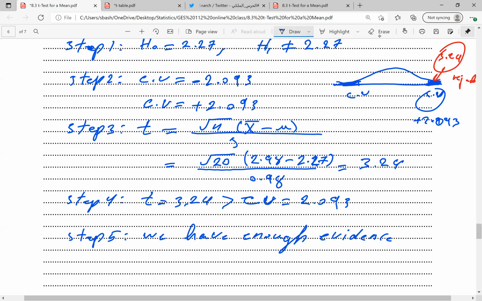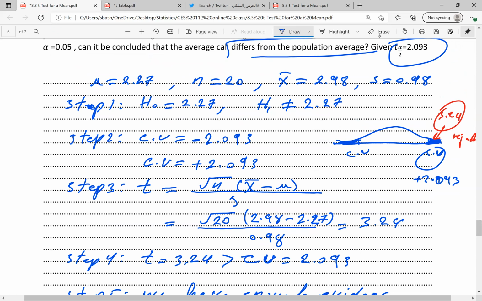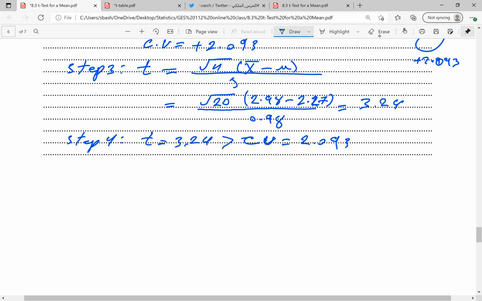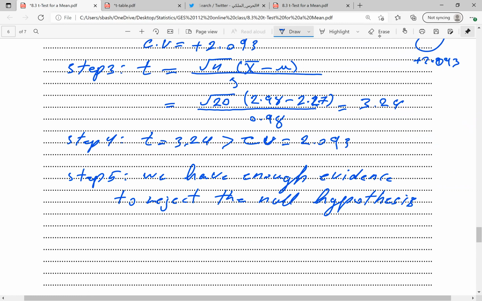We have enough evidence to reject the null hypothesis. It means we accept the claim in this case. This will be our claim, the alternative. So we accept the claim, which is the alternative hypothesis.